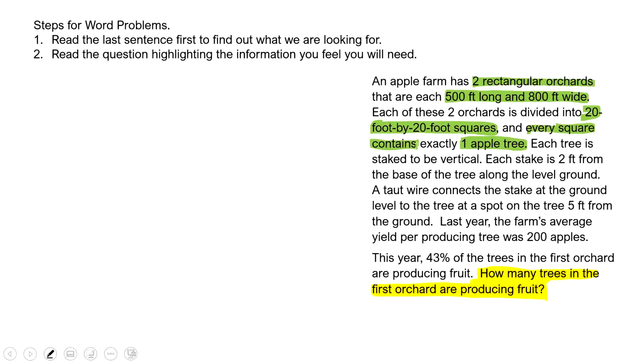Each stake is 2 feet from the base of the tree along the level ground. A taut wire connects the stake at the ground level to the tree at a spot on the tree 5 feet from the ground. Last year, the farm's average yield per producing tree was 200 apples. Might need that. Then they tell us this year, 43% of the trees in the first orchard are producing fruit.